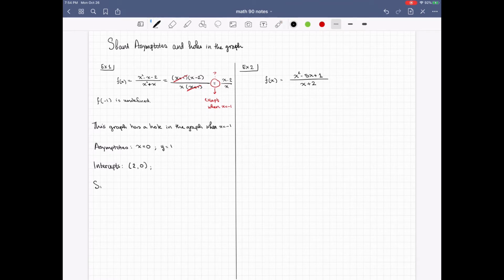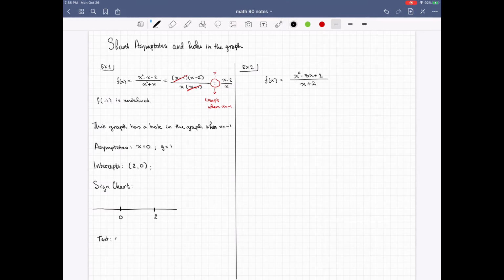Okay, sign chart. So remember, our critical numbers come from two places. We have our intercepts and we have our asymptotes. Okay, so here we go. We have a vertical asymptote at 0 and the intercept at 2. And then we can't test 0 this time because it's one of our critical numbers.